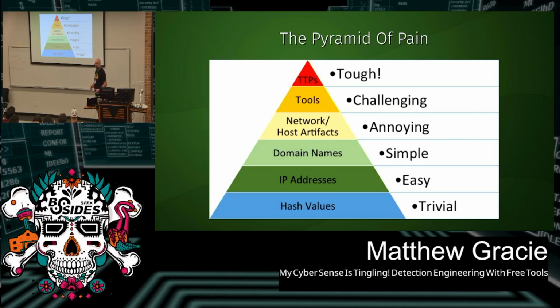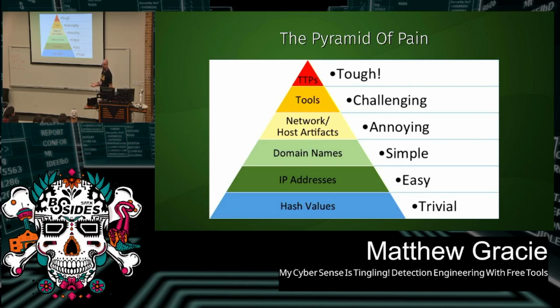And the way it's organized is the IOCs that are the easiest for the bad guys to change, the easiest for them to pivot away from and show something else are down at the bottom. Hash values, right? If I get a hash value for a piece of malicious software, how long is that going to be good for? A day, maybe 2, right? It's very easy for the bad guys to change. All they have to do is recompile it. All they have to do is add a byte, right?